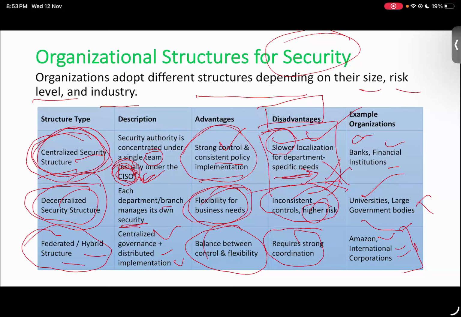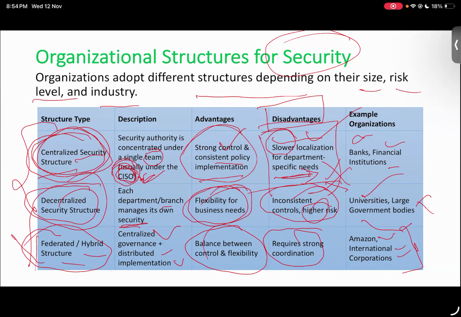So this is basically your hybrid kind of thing, mix and match wherever you want control. Central, you have that central control wherever you want, like decentralized solutions across the globe. So this is the mix of those.